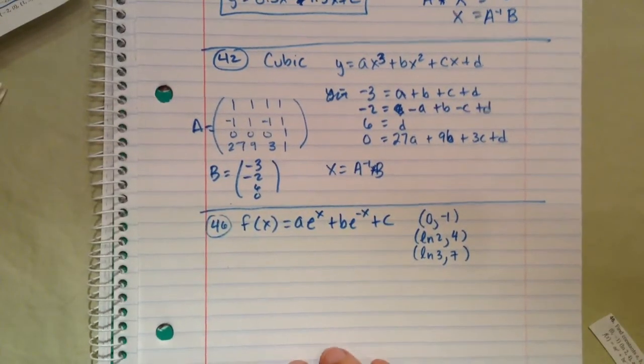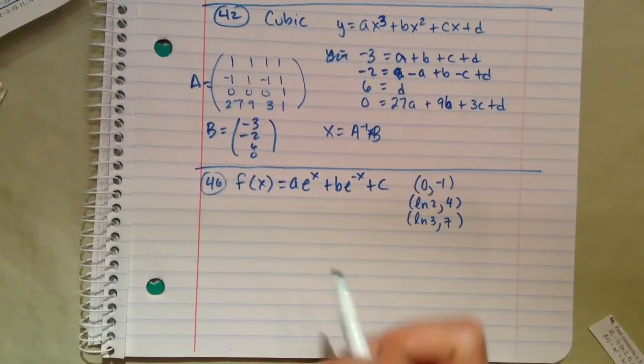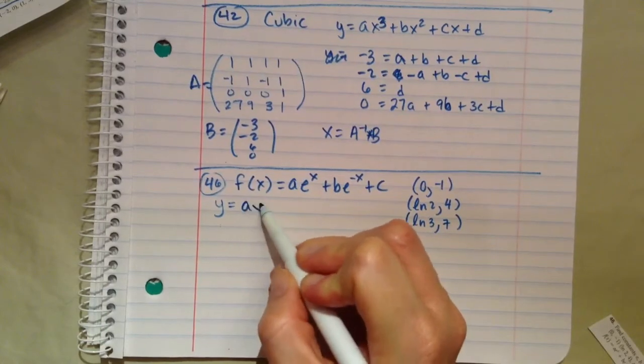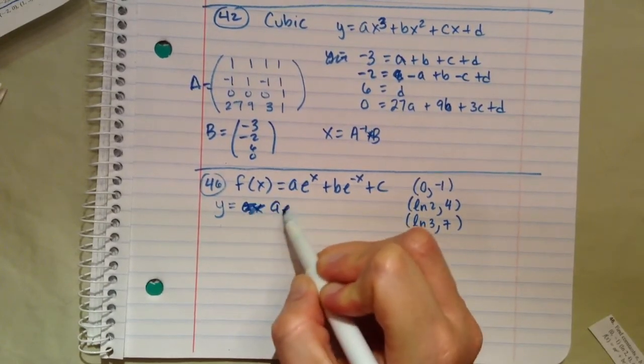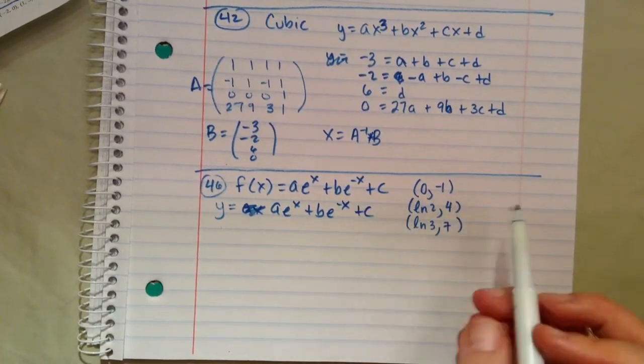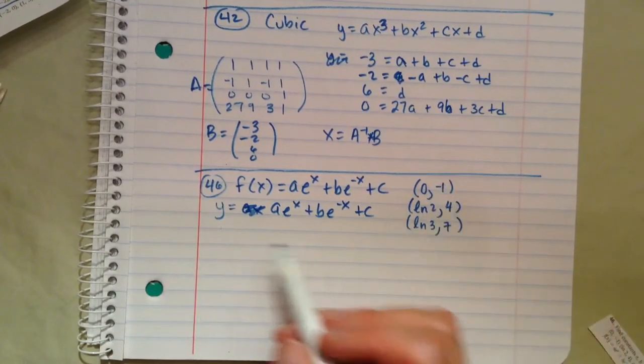Alright, don't be afraid of this. This isn't like a dragon at all. We're just going to write the equation with a y. A e to the x plus b e to the -x plus c. And we're going to plug the points in just like we did before.